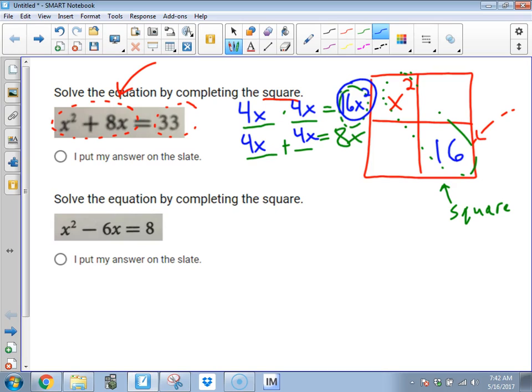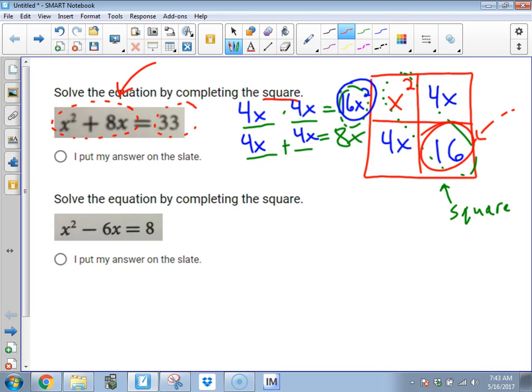I know the 4x and the 4x, so that's 4x here and 4x there. Now I'm going to take what's called the greatest common factor, and I'm working backwards.